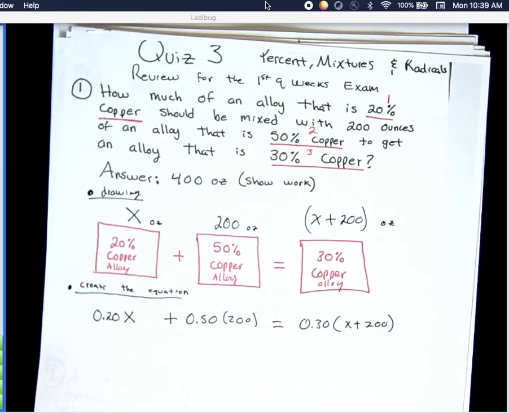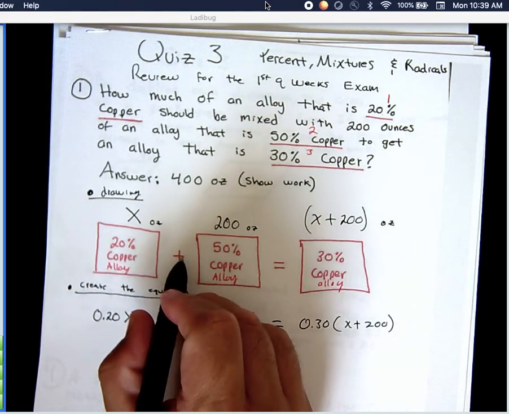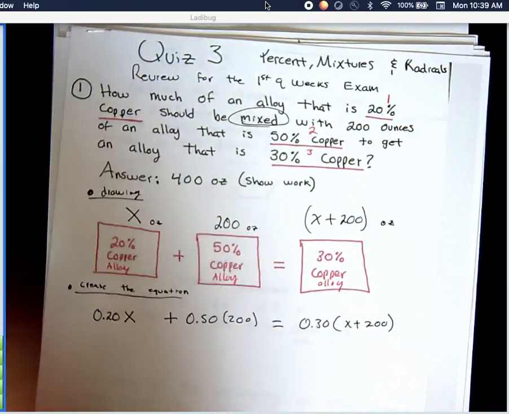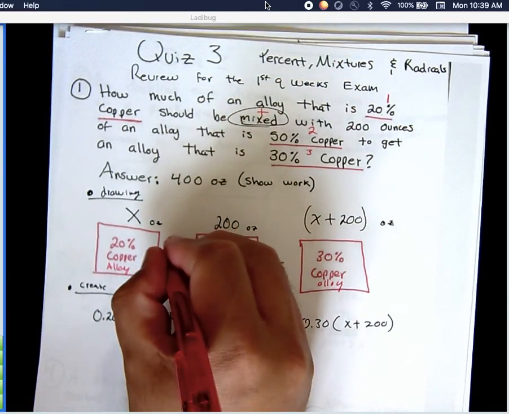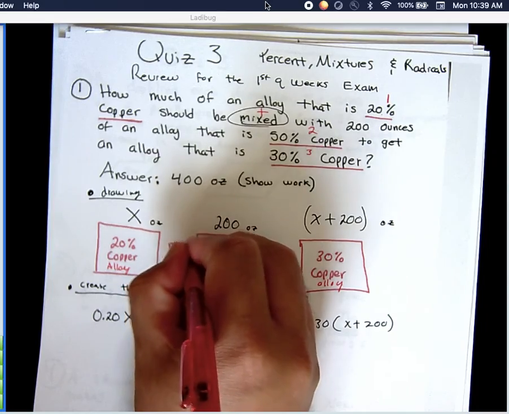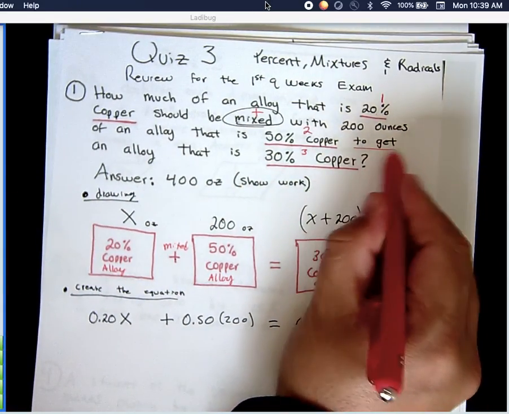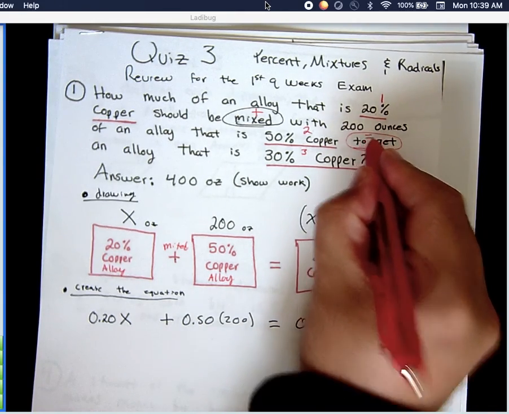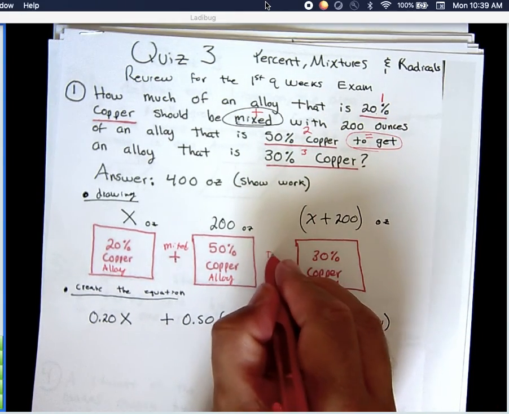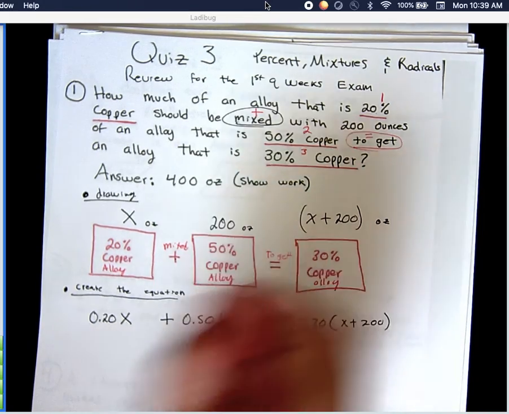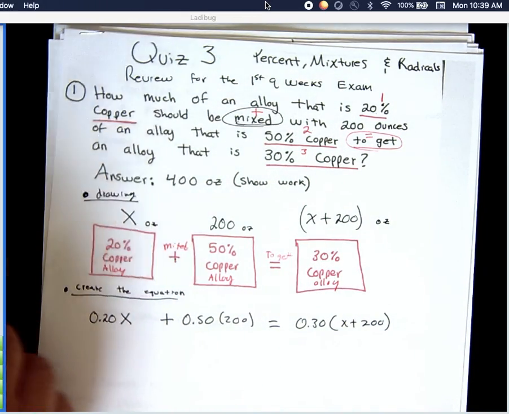I forgot to mention one thing on the plus. When you're mixing, you're adding, so you're mixing these two, so you're adding them together. To get, that means equal. You should know they have to be equal.